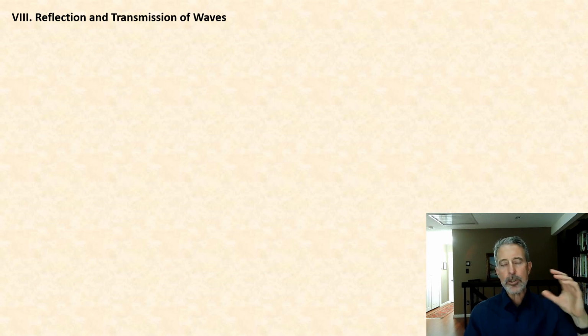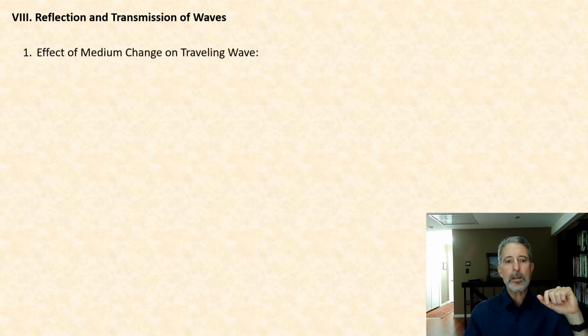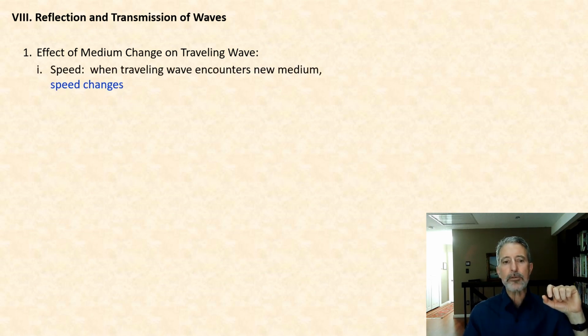The tension is a measure of the elasticity of that medium. So we'll discuss other elasticity factors when we talk about other types of waves in the near future. So when a wave traveling in a given medium enters a new, different medium, we would expect that the speed of the wave should change as well.